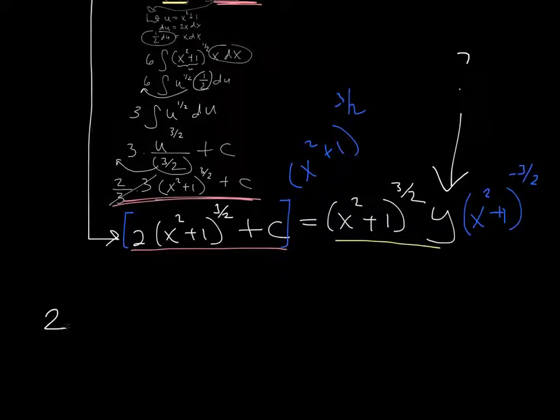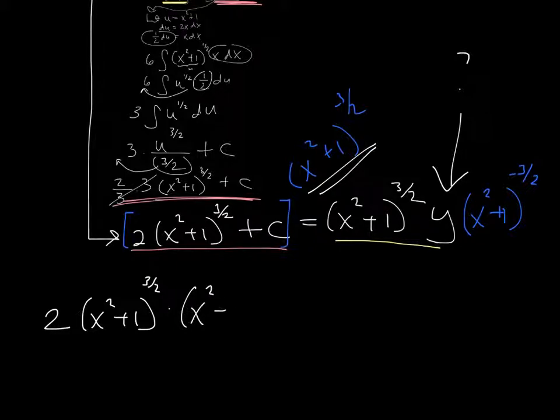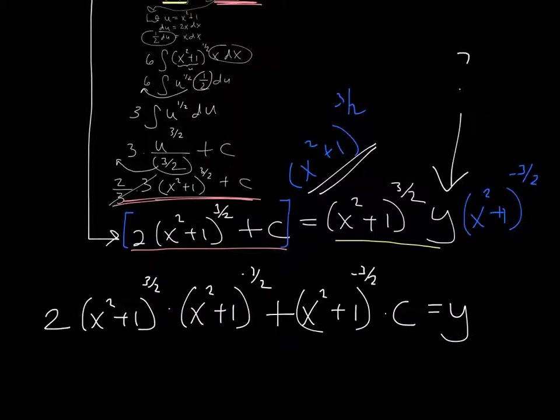I have 2 times x squared plus 1 to the 3/2 times this guy, I'm just distributing, x squared plus 1 to the negative 3/2, plus x squared plus 1 to the negative 3/2 times c, and then I know the right-hand side is just going to be y of x.